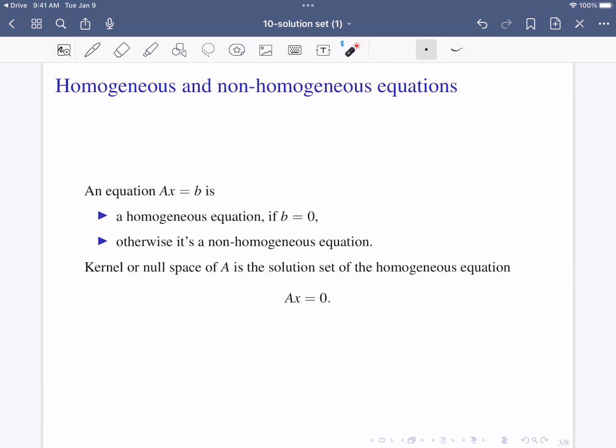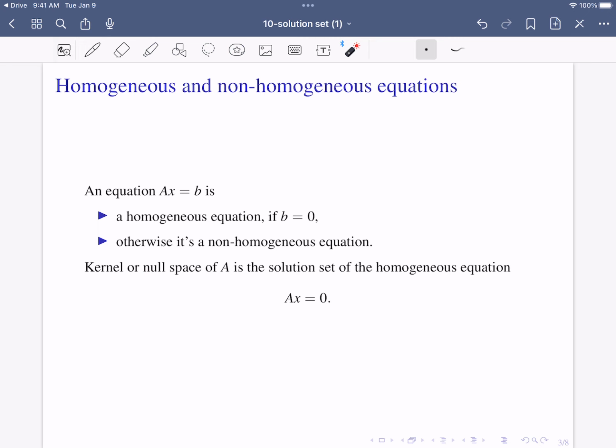So we are given a matrix equation Ax equals b. If b equals 0, then we call this a homogeneous equation. If b is not equal to 0, then we call this a non-homogeneous equation. And what is kernel and null space? Kernel and null space are the same.